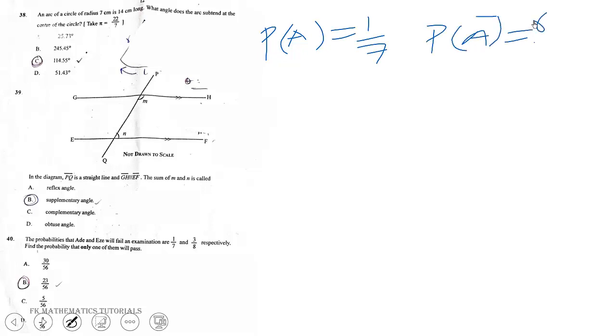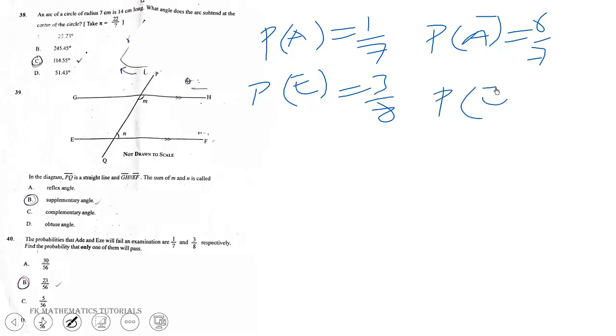So the probability that only one of them fails could be that the probability that Ade fails is 1 over 7. So probability that Ade will not fail will be equal to 6 over 7. Probability that Az fails is 3 over 8.